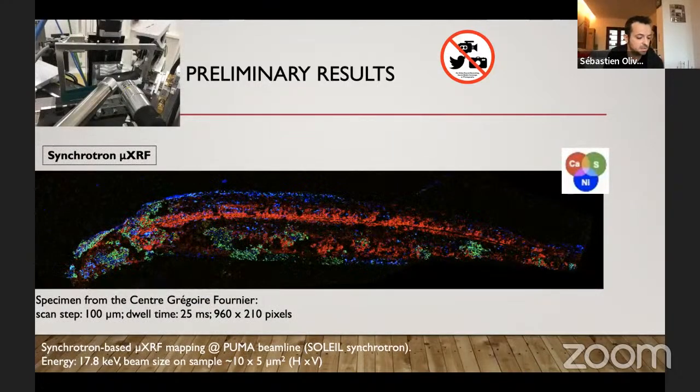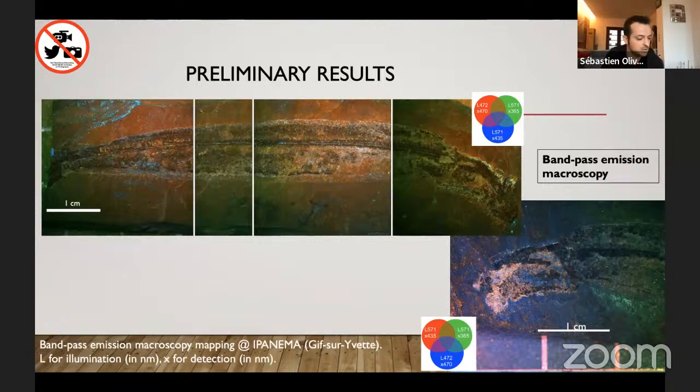Regarding the specimen from the Centre Grégoire Fournier, here you have the results for the synchrotron. I will discuss the interpretation in a few slides. And here, the bandpass macroscopy results for the same specimen. So we have the entire fossil here, and here only the counterpart, but only the anterior area.